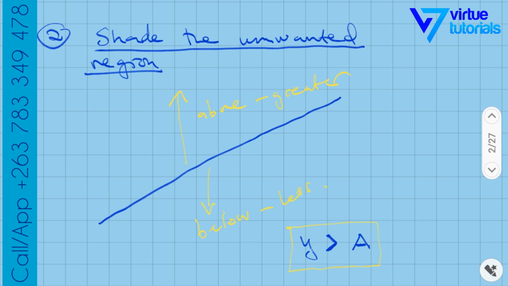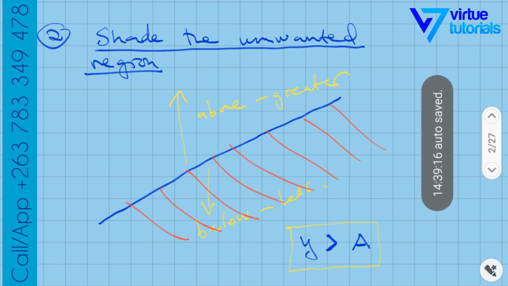If our statement says y is greater, we want y to be greater, so we have to shade the unwanted region, what we don't want. We don't want y to be less, so I would shade below the line. Because y is greater, we only want to focus on what y is, not what it is not. So we cancel out what is less, because that's the unwanted region.